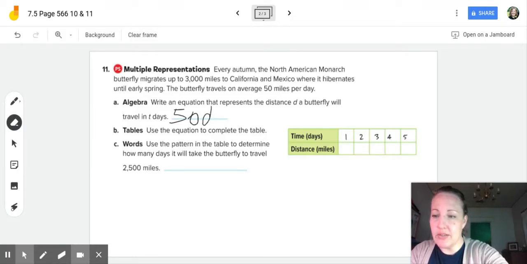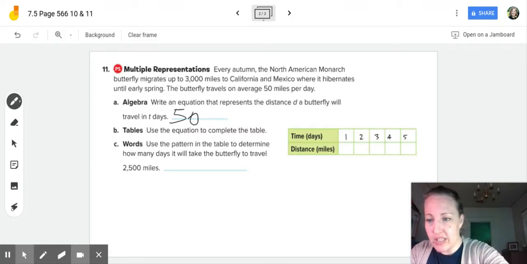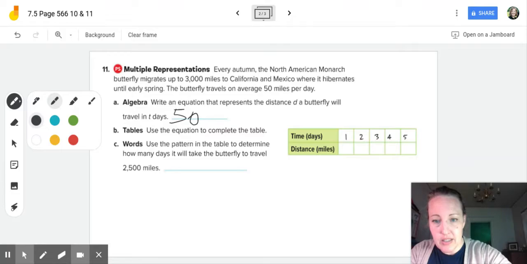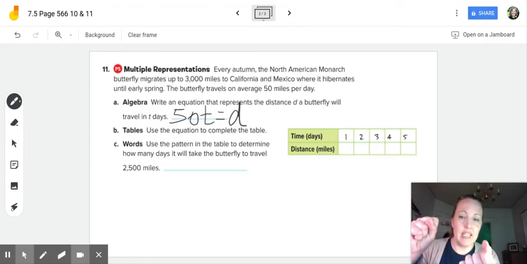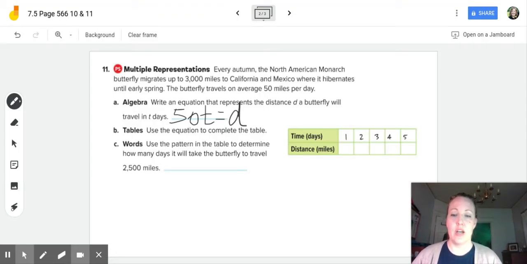See, that's why I got that wrong, because I feel like that doesn't make sense to me. This is 50t is equal to d. That's the distance. So 50 miles per day is equal to the distance. Okay, that's our equation.